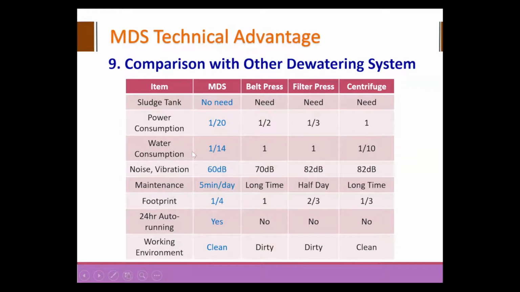The total consumption is 1/14. Noise vibration is 60 dB compared to others. Maintenance is 5 minutes per day, and the footprint is 1/4 compared to others, with 24-hour running without any interruption or stop, and the working environment is very clean compared to others.